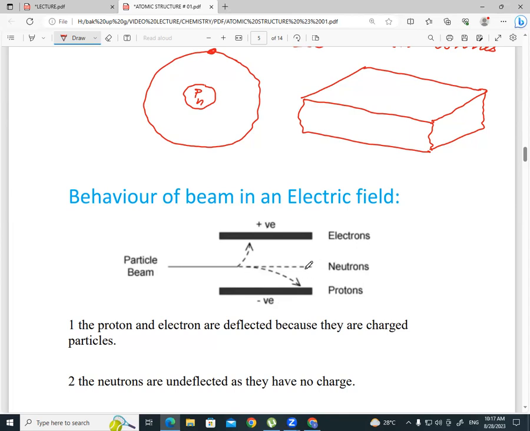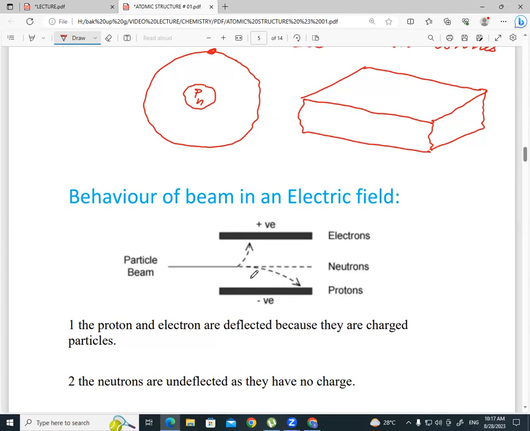It goes straight through the electrical field, while the electron is attracted towards the positive end of the electrical field, while the proton is deflected towards the negative field.